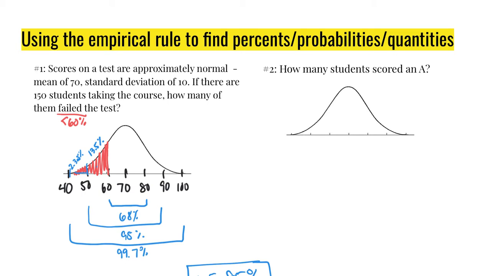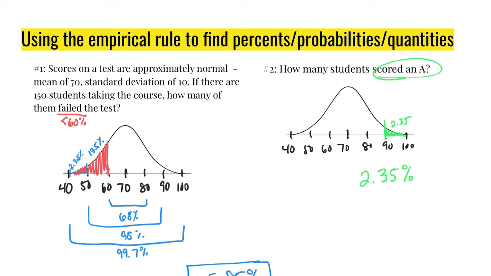How many students scored an A? I'm going to label the same diagram: 80, 90, 100, 60, 50, 40. And in this case, scoring an A is going to be above a 90%. That is just a single section right here, which is that 2.35 section, and we can be pretty direct about that.